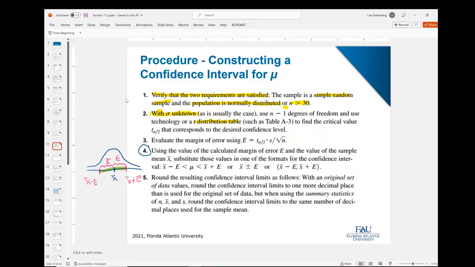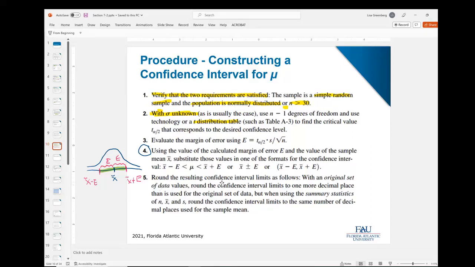So that means our population mean, mu, we're saying is somewhere between X bar minus E and X bar plus E. And depending on what our confidence level is, that will depend on how wide that is or how small that is.